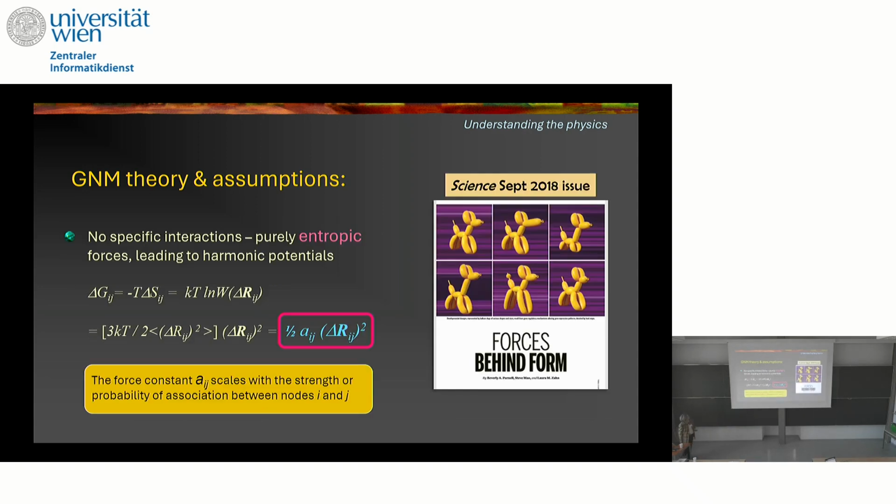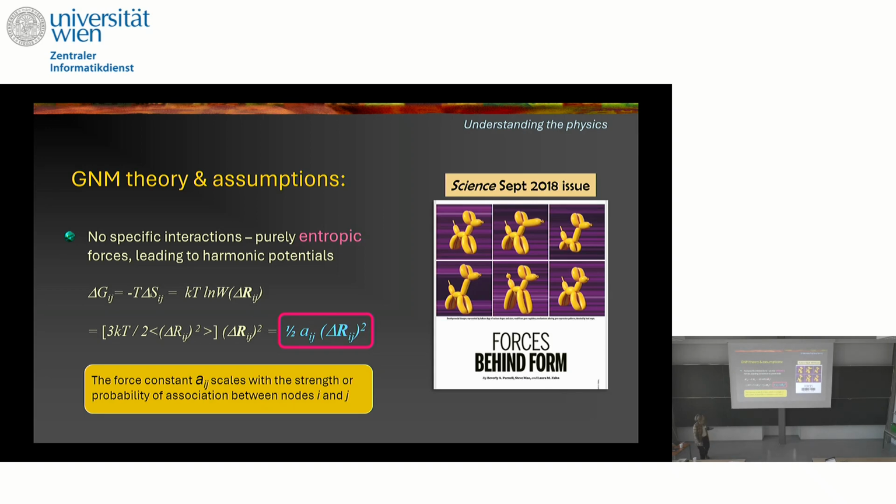For such a system, we don't have any specific interaction energetics. We just take a rigorous account of the overall topology of the structure in terms of an elastic network, such that the free energy is purely entropic and can be expressed as a harmonic potential.